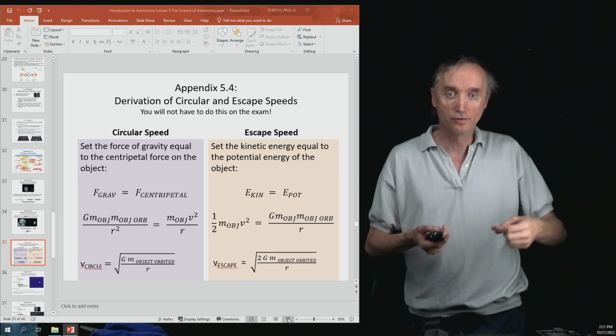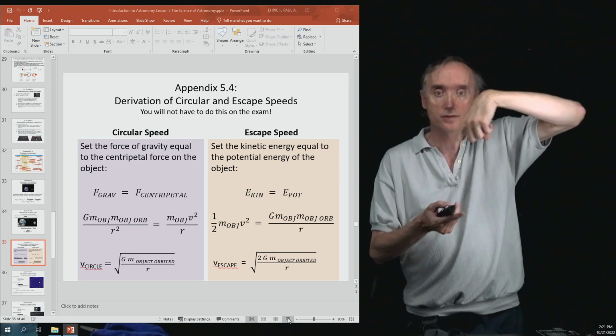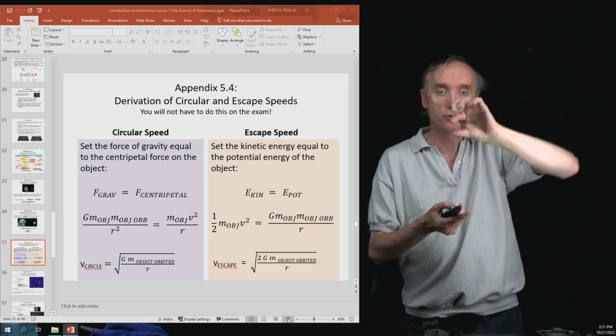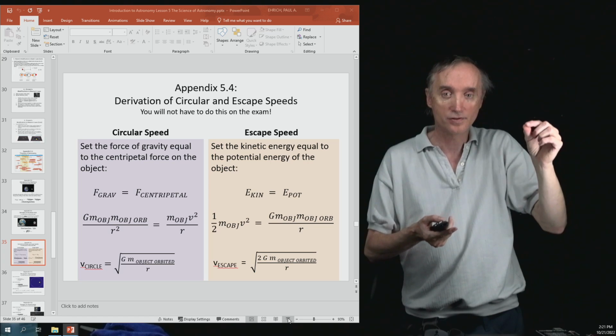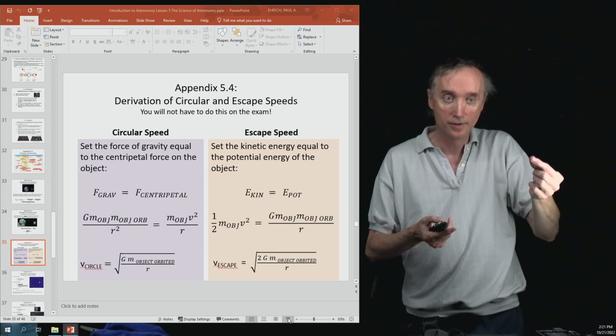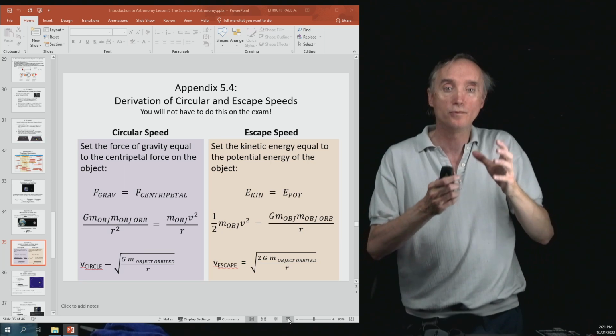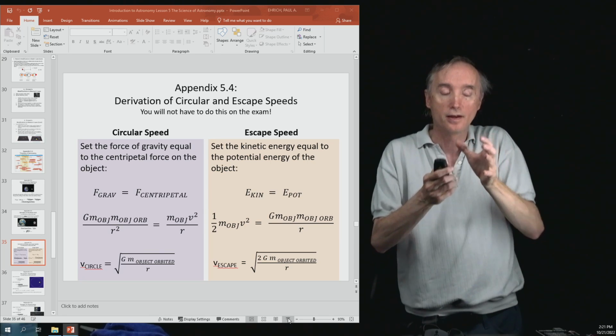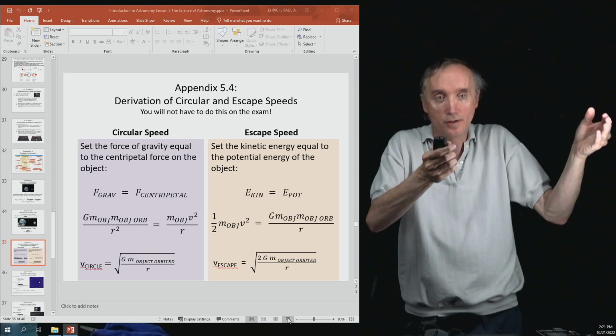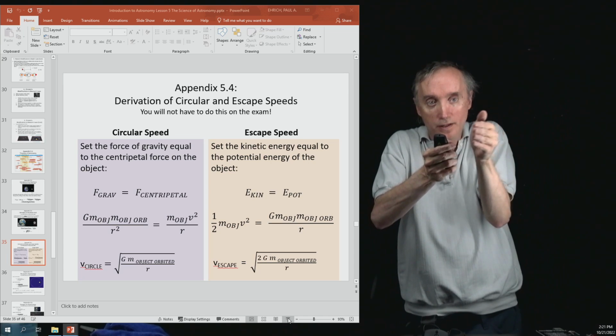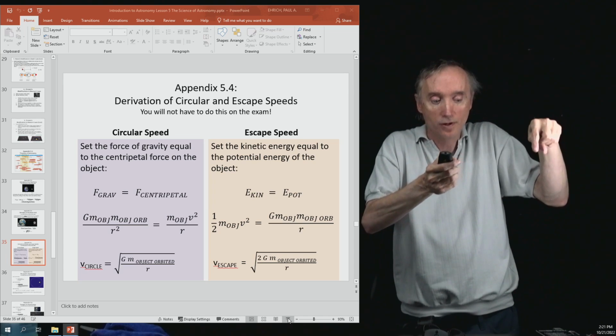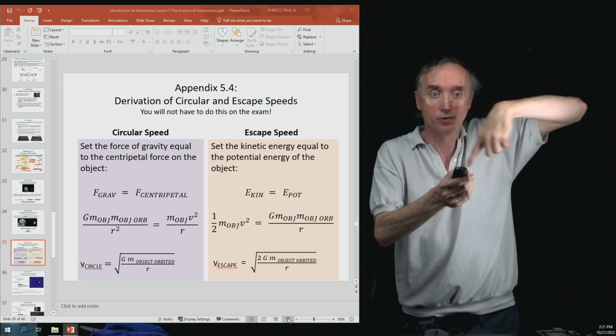So the centripetal force is when an object is going around at a certain radius and it has a certain speed v, it's going to feel this force that is going to be trying to pull it in, and then that's the reason why it goes around in a circle.